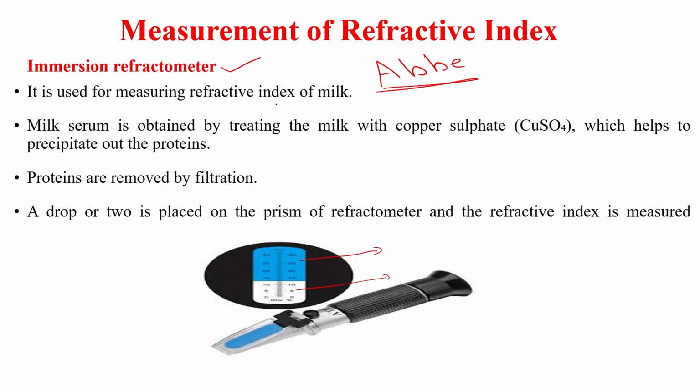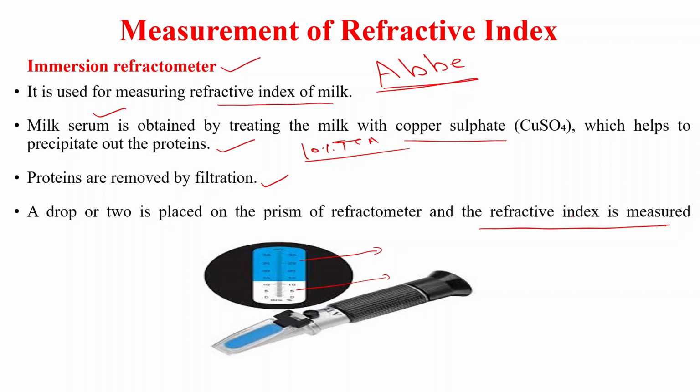It is used to measure the refractive index of milk. If you especially want to remove the interference from the proteins and fat, then milk serum is prepared by treating the milk with copper sulfate to precipitate the proteins. Alternatively, we can also use 10% TCA to precipitate all the proteins in milk, and then the proteins are removed by filtration. A drop or two is placed on the prism of the refractometer, and the refractive index is measured.